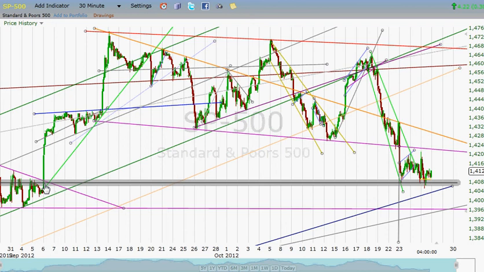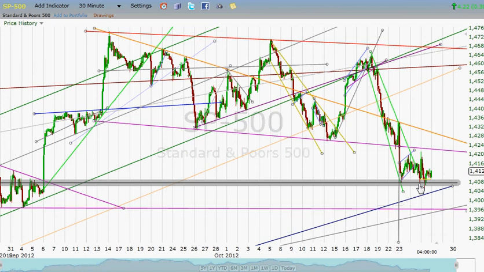So it makes sense that we would encounter some turbulence, if you will, that this straight line down move would get caught up right about these levels.